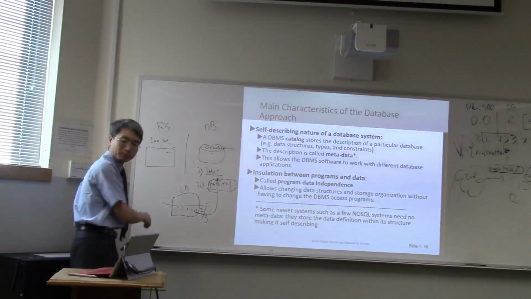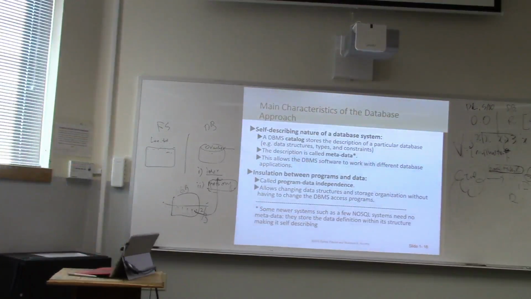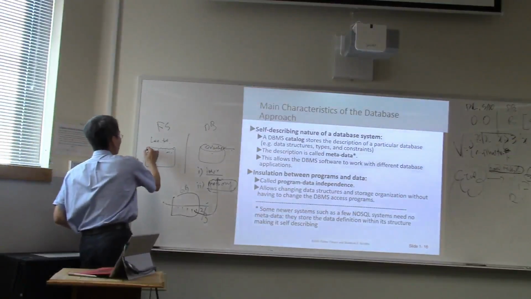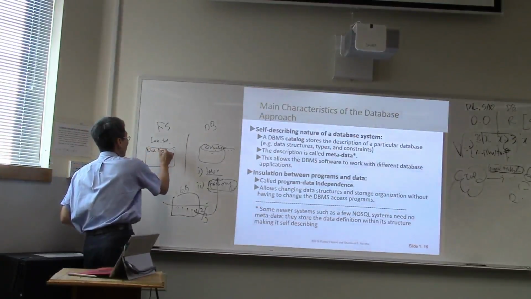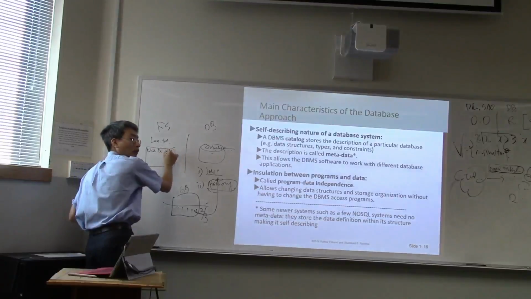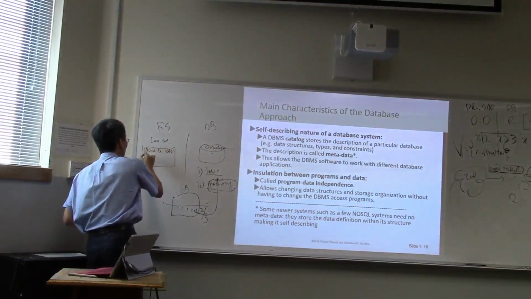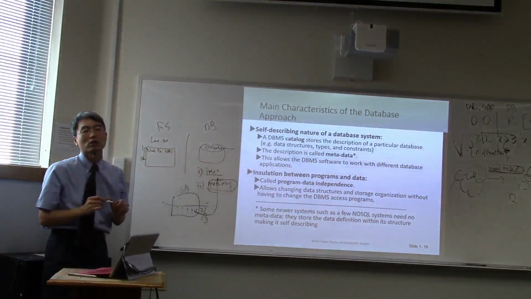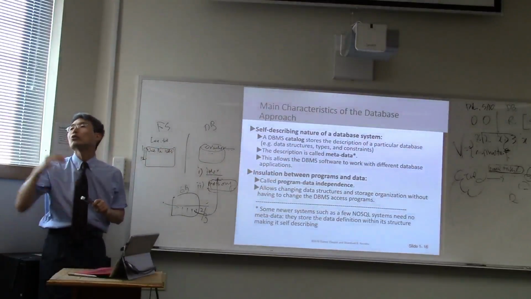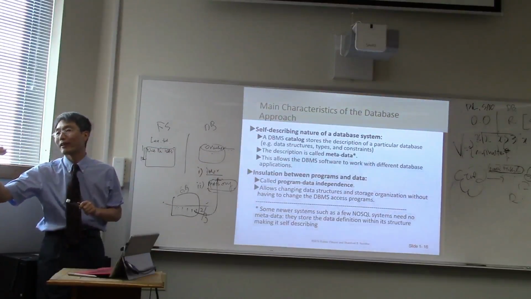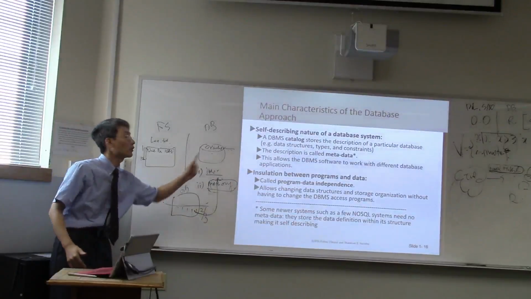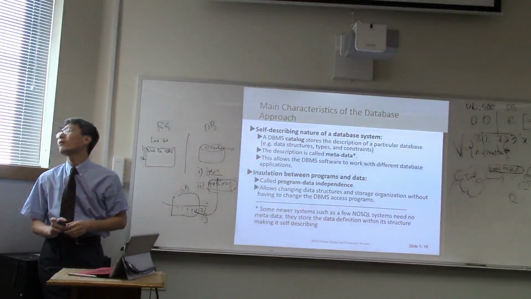So, for example, this one is organized as name and phone number and address, something like that. From line 1 through 10 is this information like that. Then your application program, your programming language, you should know about this. What about the database? You don't have to worry about it.